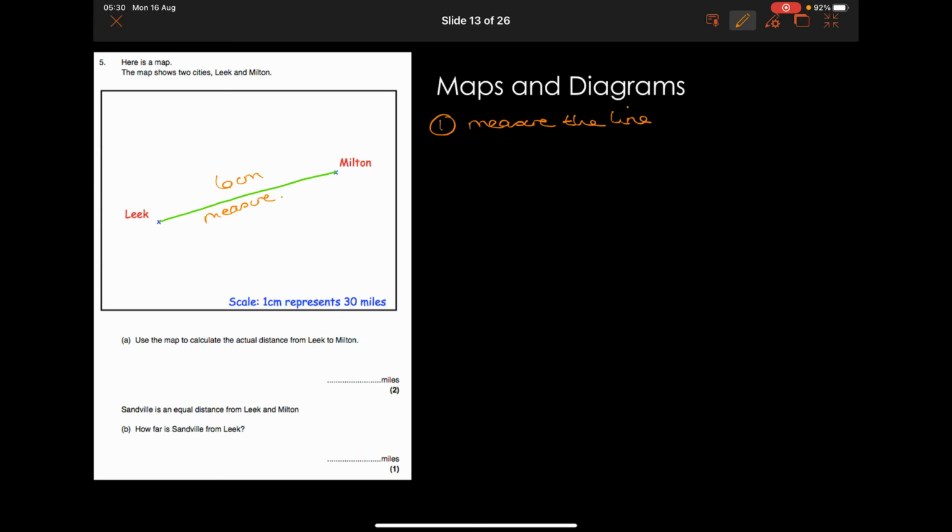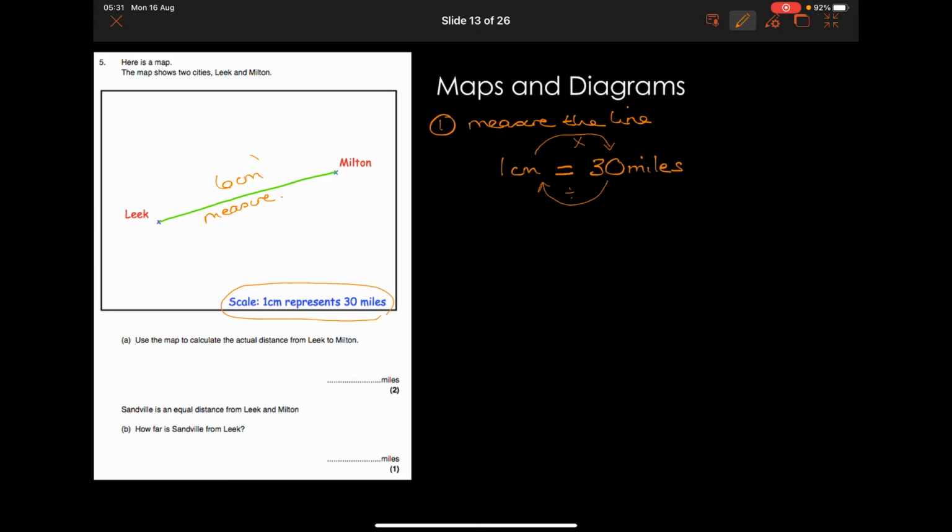It says, use the map to calculate the actual distance, and it gives us this scale. 1 centimetre represents 30 miles. So they're not giving it to you as a ratio; they've told you that 1 centimetre on the map represents 30 miles. So from that, I could draw my arrows in, times at the top, divide at the bottom.